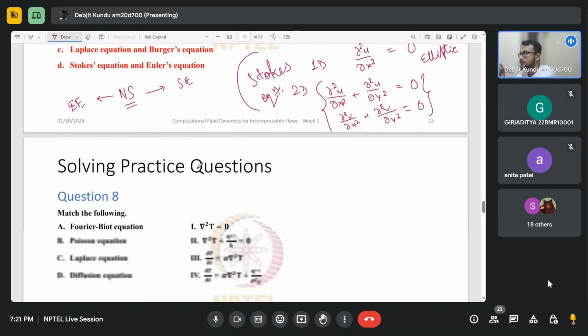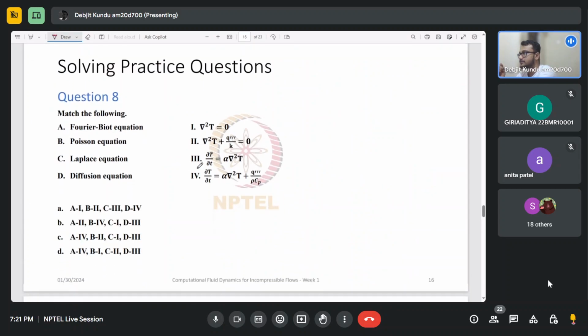We will move on to question number 8 of today's session. Now this is a different type of question, a match the following question. We have four options in the left hand column, capital A, B, C, D, and some Roman numbers 1, 2, 3, 4, with equations in the right hand column.